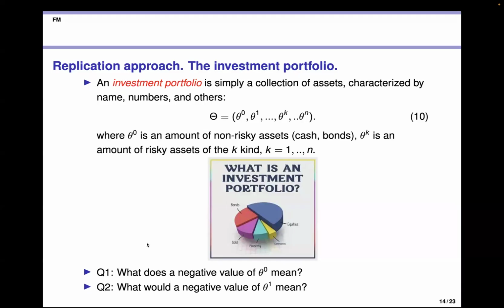So we need to think about what a negative value means in theta 0, because it is like cash, money, and this is theta 1, theta k. It is how much we have of different assets.